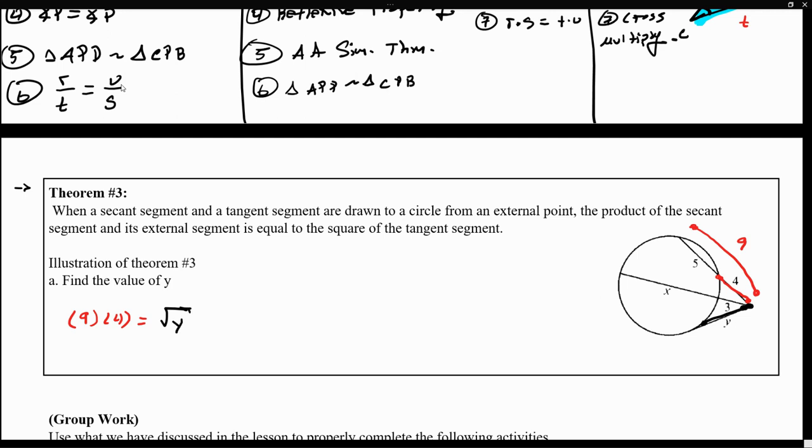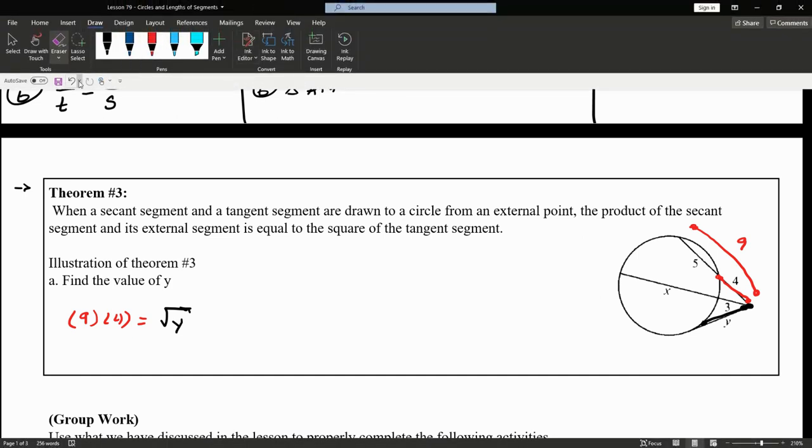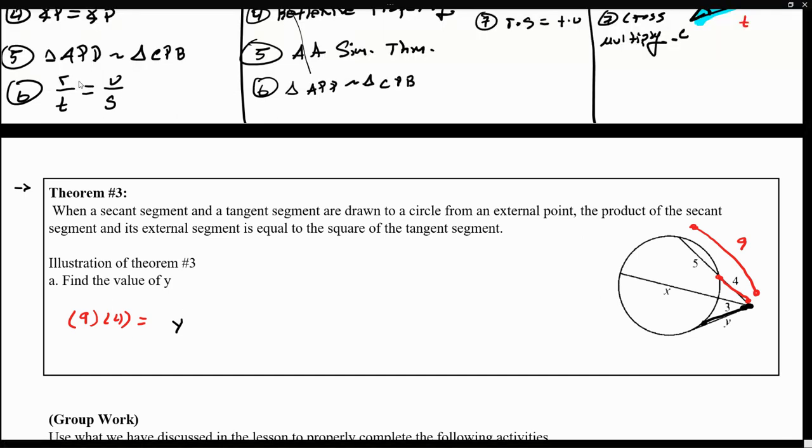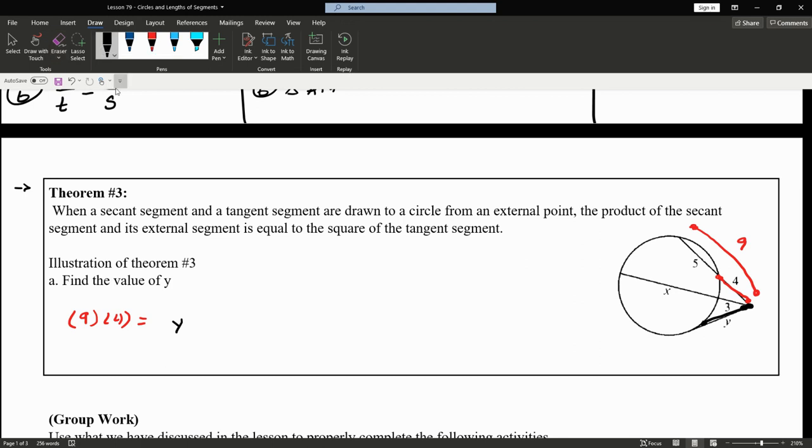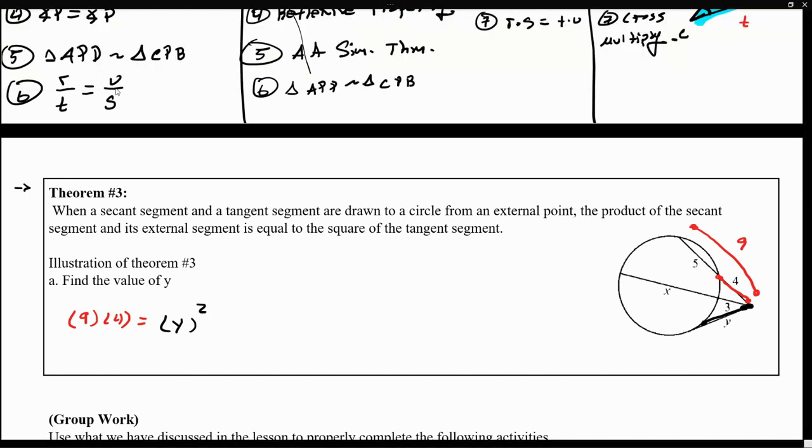I'm sorry, not the square root, the square. Because it states here that it is the square of the tangent segment. So this will always be the case.